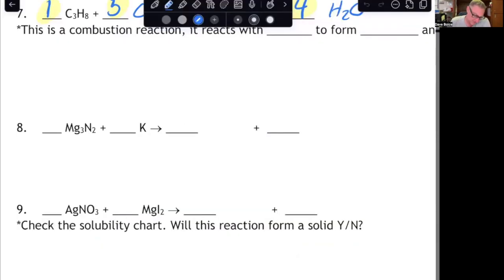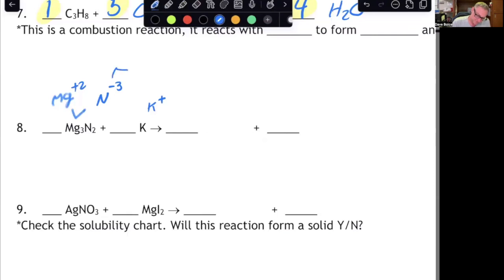And so I'm going to break this apart into ions so I know what's what. Magnesium is always a +2, and nitrogen, if I look at my periodic table, is always a -3, and potassium is a +1. So in order to put these together, remember, positive comes before negative.